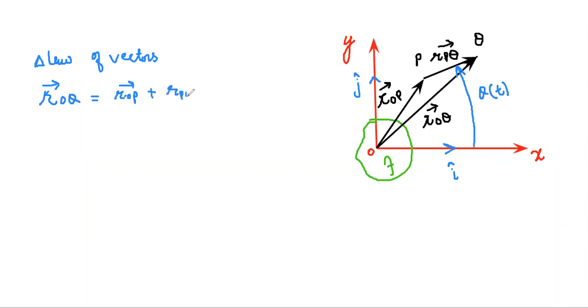This is from the triangle of vectors, and we call this our equation 1. Now, this RPQ, they are the radius vectors.